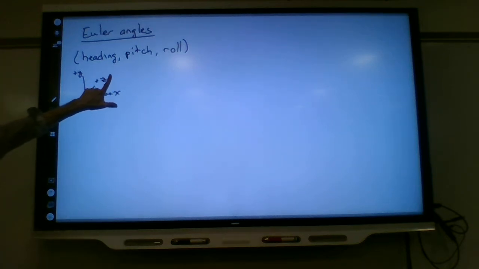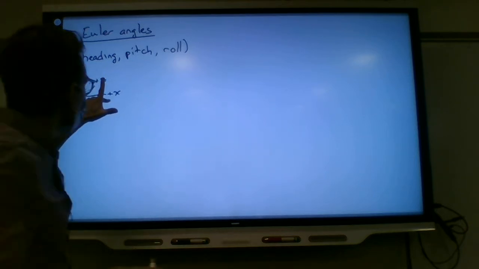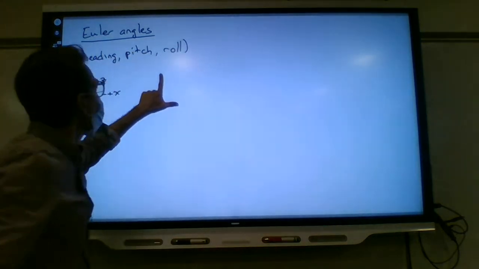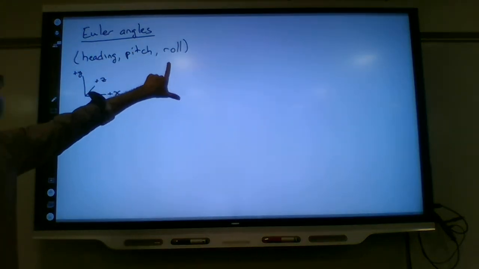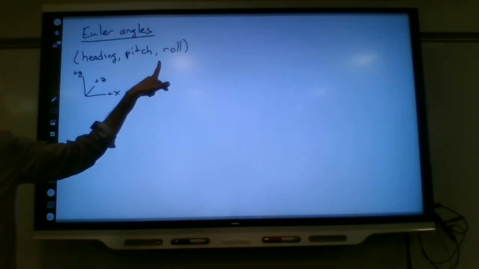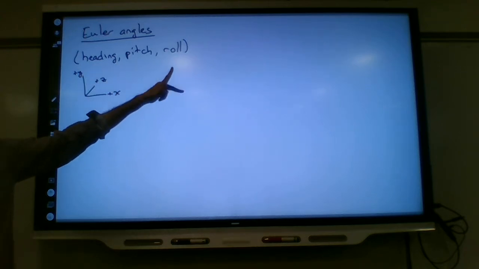So our left hand. So heading corresponds to, in this situation, a rotation about the vertical y-axis. Right? This is this rotation.